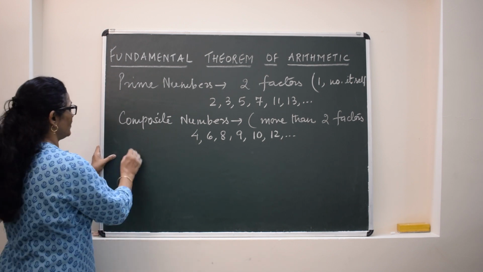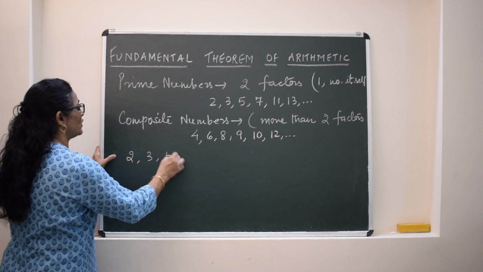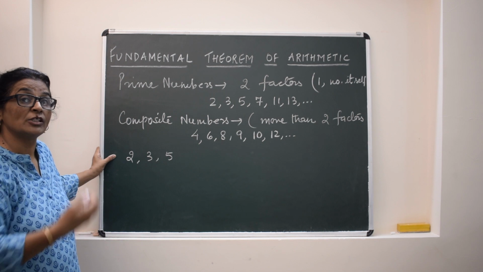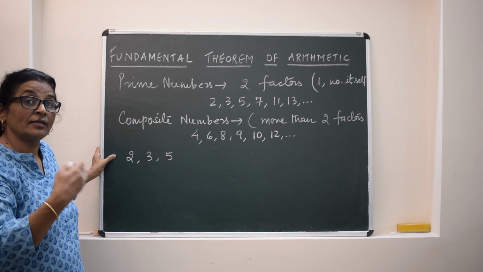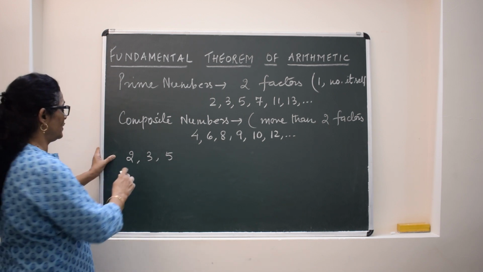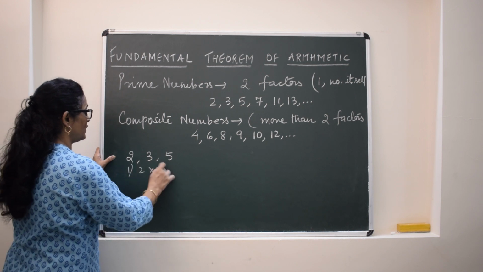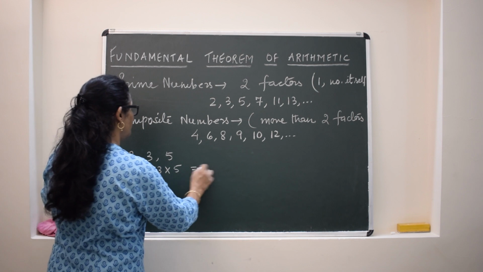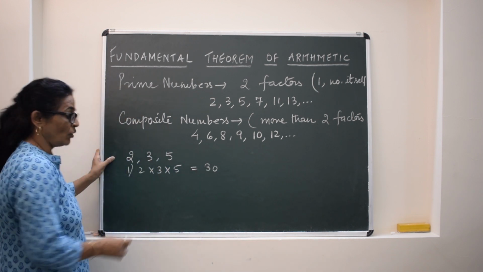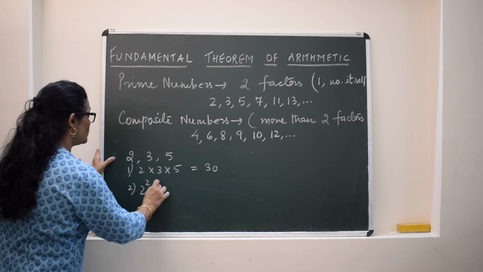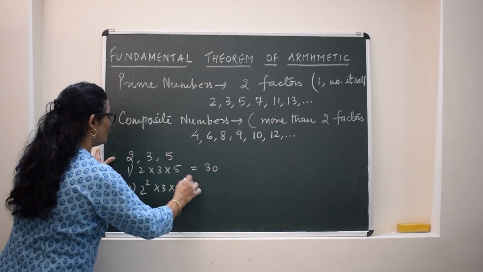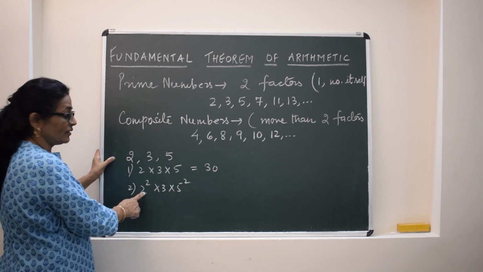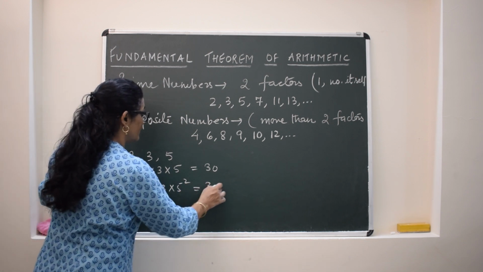For example, if I take 3 prime numbers, 2 into 3 into 5 is 30. Or if I take 2 square into 3 into 5 square, 5 square is 25, 25 into 4 is 100, 100 into 3 is 300.